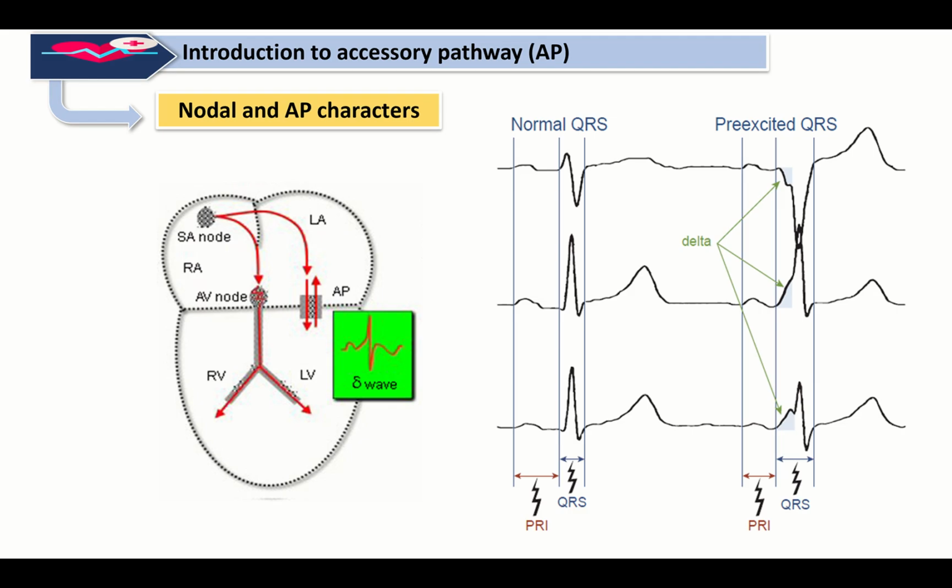In accessory pathway, the impulse goes through the accessory pathway and leads to ventricular pre-excitation. That's why in accessory pathway, we can see pre-excited QRS complex, delta wave, short PR interval, wide QRS complex.